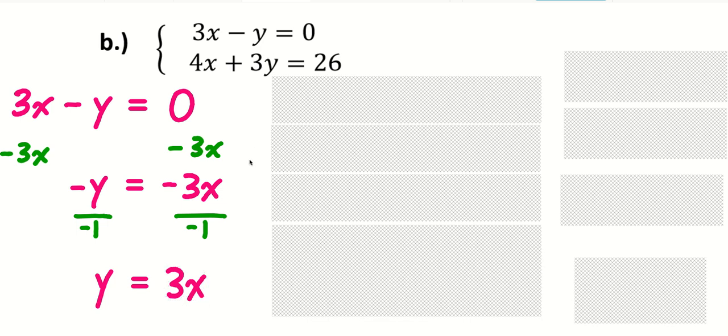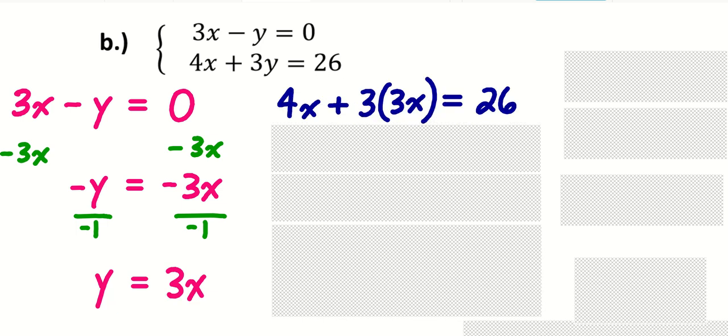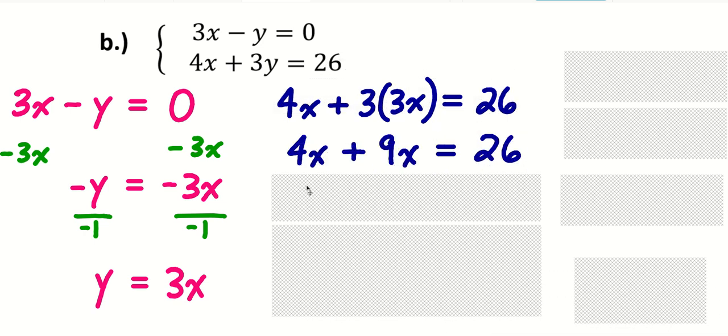So I can make an even trade. I can replace that y with 3x. That's called substitution. Substituting the 3x in for y. So that was my even trade. And now the door is wide open to solve this equation for x.